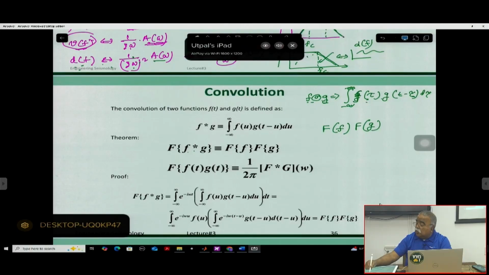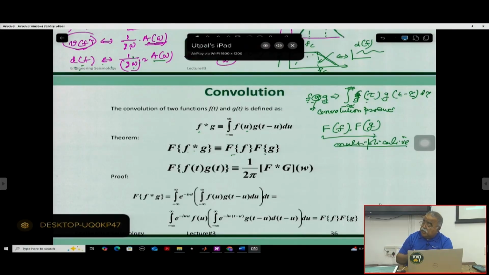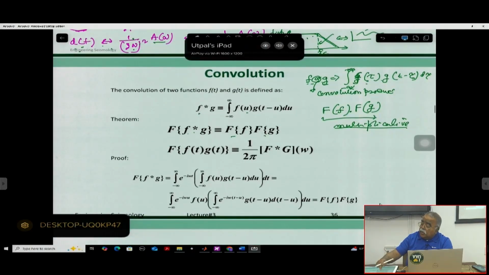This is your convolution product, but this will be equal to a multiplicative product. So a convolution is simply a multiplication in the frequency domain.